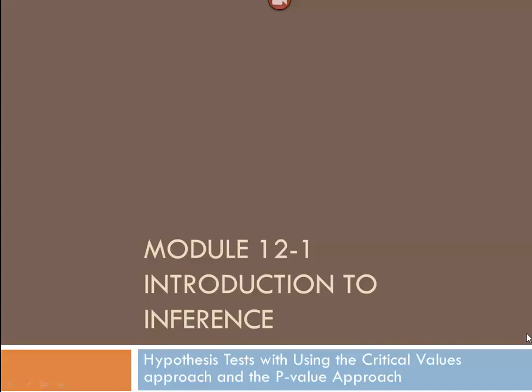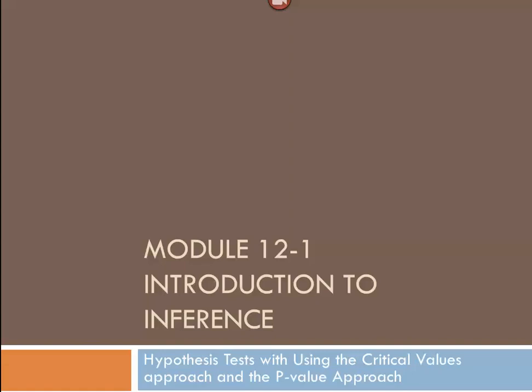Now that we've looked at the concept of confidence intervals and how our samples should produce results that are within what we expect the population parameter to be, we can now take this to the next step and see how we can actually perform hypothesis tests.